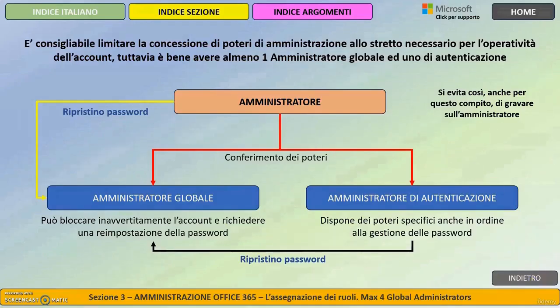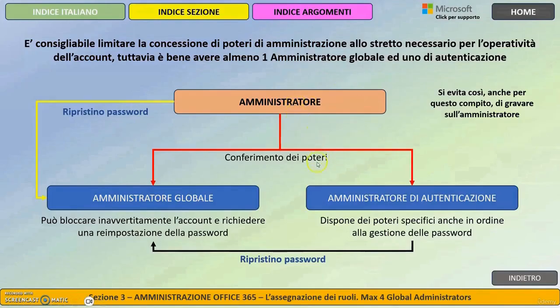Anyway, beyond the fact that these powers should be limited as much as possible, it is necessary to have at least one global administrator and one authentication administrator, also to ensure that in some cases all tasks to be performed do not rely solely on the main administrator.